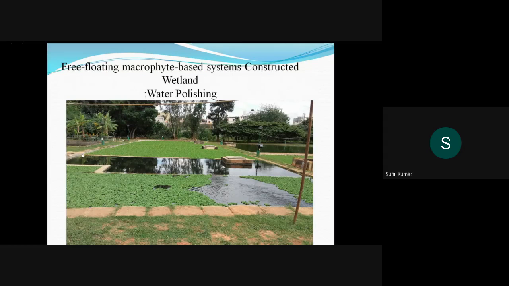Now, just for example, I'm showing you the free-floating wetland, also called surface flow. The wetland plant you can see is lettuce. It has only 10 centimeter roots. It floats from the top, absorbing nutrients and organic matter.